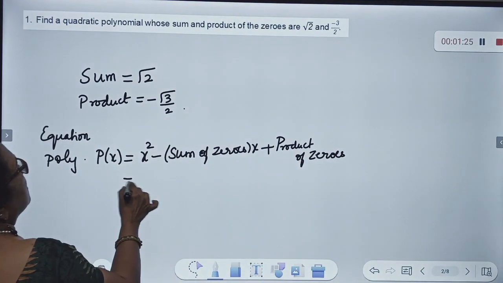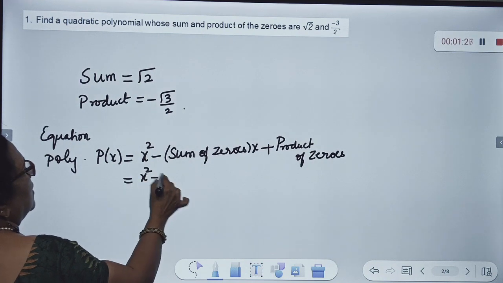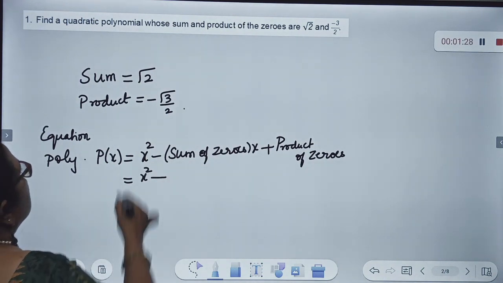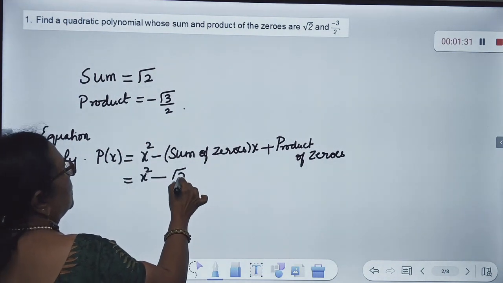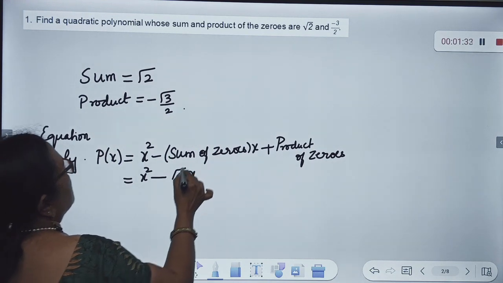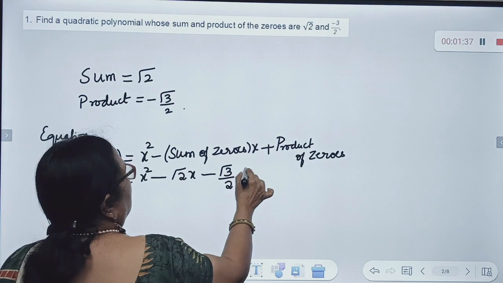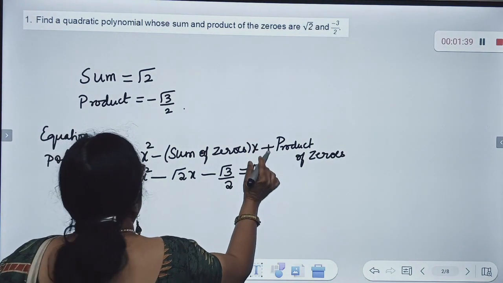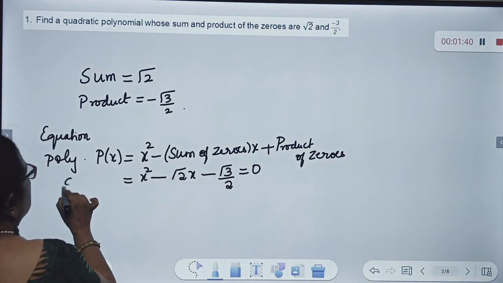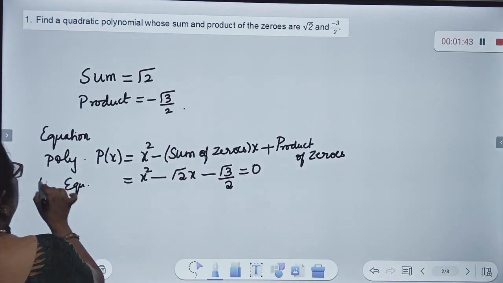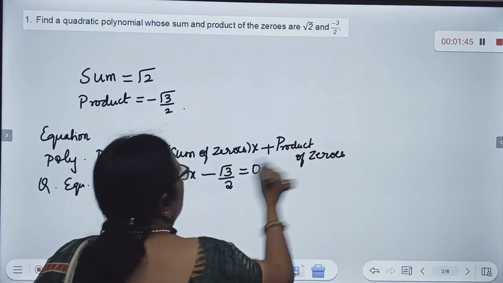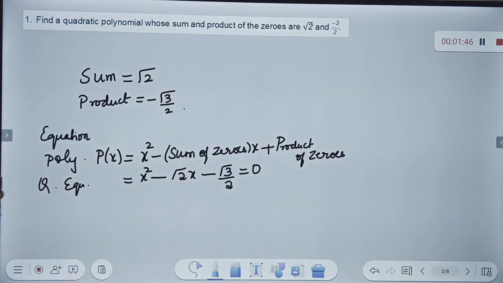So this is x square minus, what is the sum? Root 2 x, what is the product? Minus root 3 by 2 equal to 0. Equal to 0 when it is an equation, quadratic equation. This is the polynomial, this is the equation.